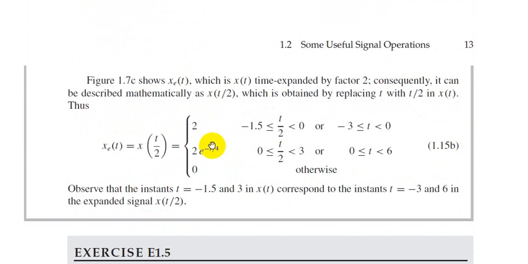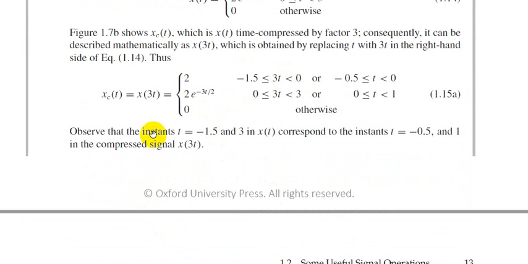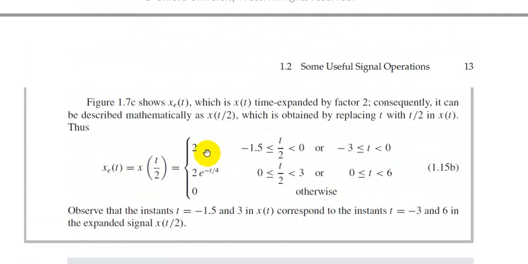If we want to find out x of t by 2, we'll do a similar operation as we have done in the previous practice. We'll replace all the t in this equation by t by 2. Here it was t, and we replaced this t by t by 2. Here we also replace t with t by 2, as long as we want to find x of t by 2. And after evaluating these conditional equations, what we got?